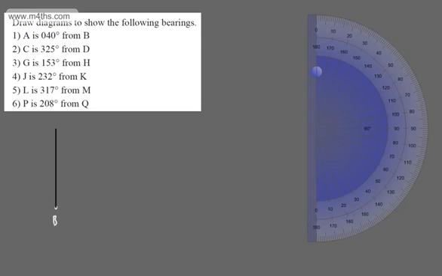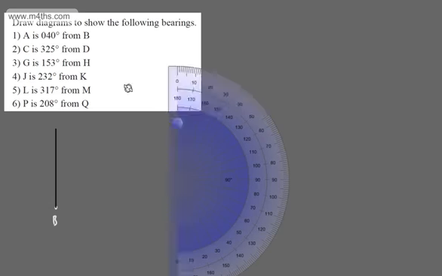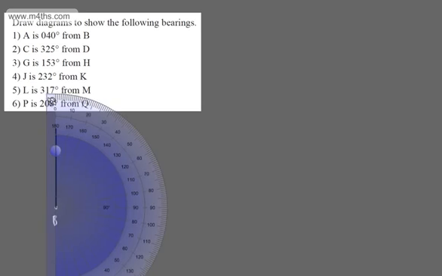Okay, we're told that A is on a bearing of 0, 4, 0 from B. So all I'm going to do now is put my protractor in place, and that'll be just there. So I'm going to come around here and look and find 0, 4, 0. 0, 4, 0 is a 40 degree angle, and that is just there. So all I've done is marked it. There's B, and 40 degrees is there, measuring round the top.